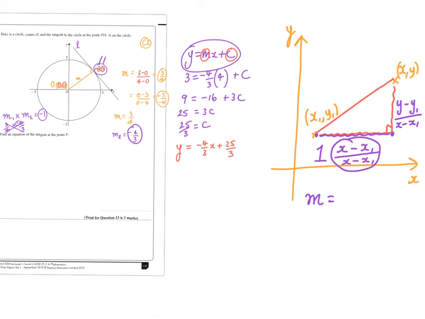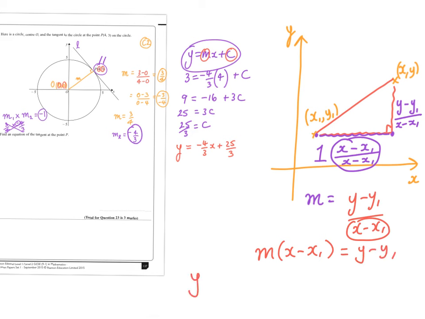So I'll have m is y minus y1 over x minus x1. And if you multiply both sides by x minus x1, you end up with a lovely formula here, which I use all the time. And I always write it in this way, the y's first. So I'll do y minus y1 is m times x minus x1.